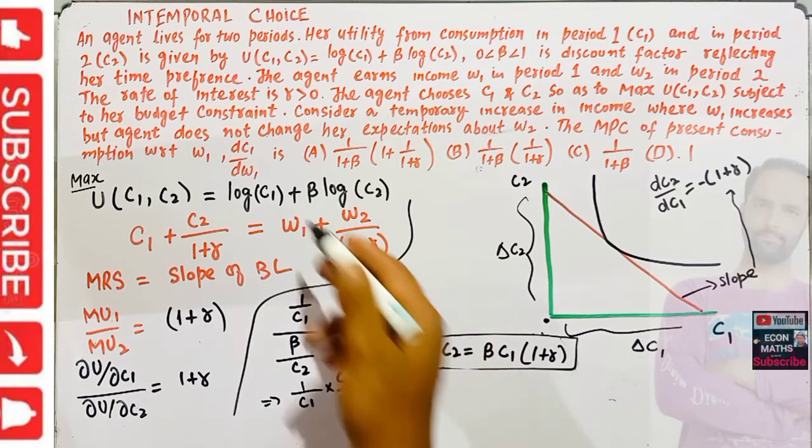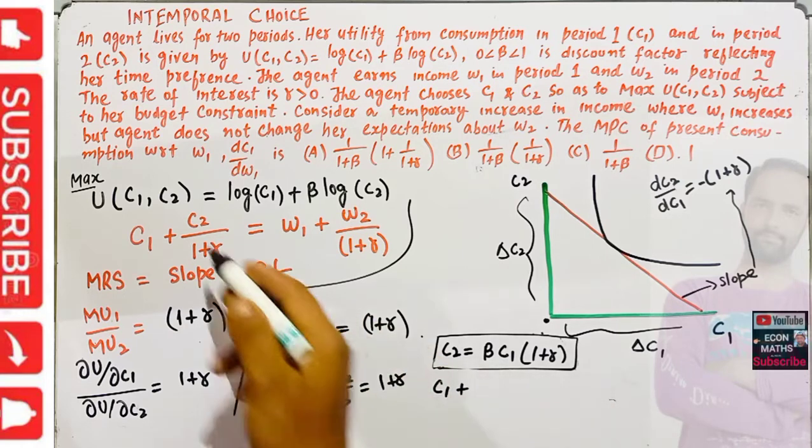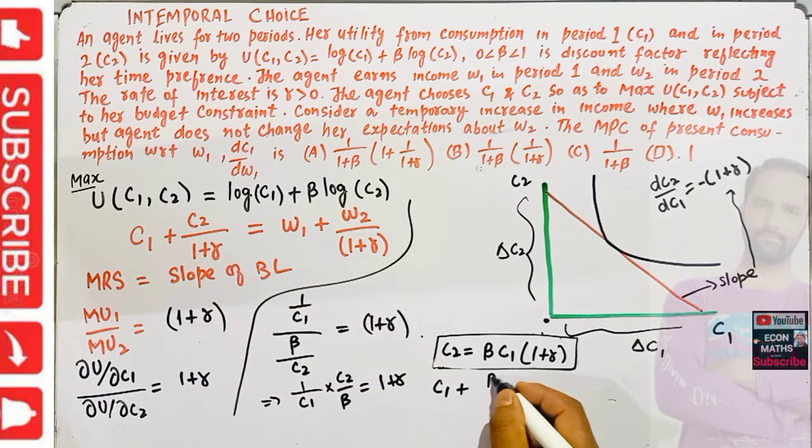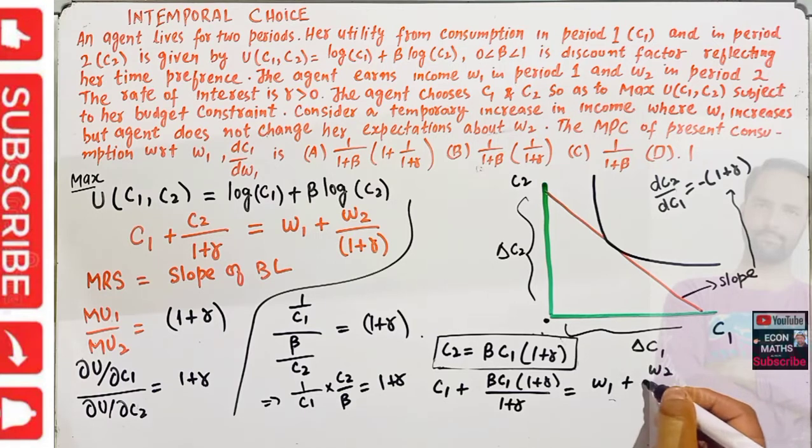Now just plug this C2 into the budget constraint. If I put the value of C2 in the budget constraint, I will get C1 plus beta C1 times 1 plus R divided by 1 plus R, is equal to W1 plus W2 upon 1 plus R.